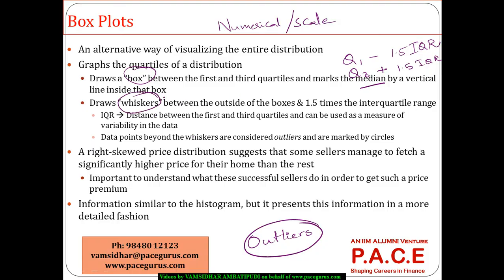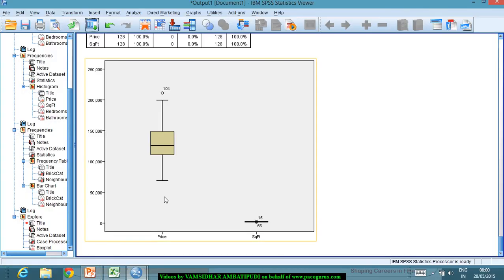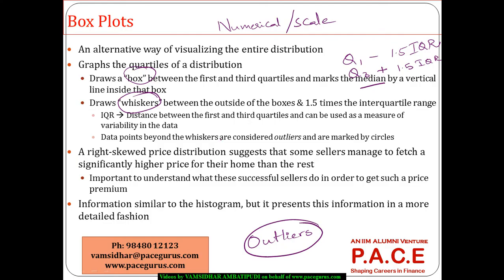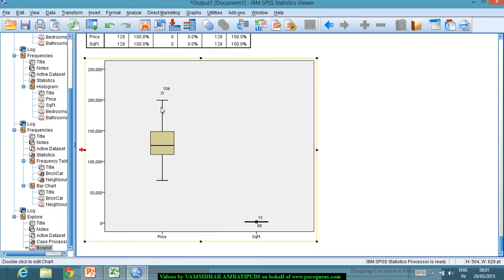And along with that, whiskers are drawn. These two are called whiskers, which show the lower bound and the upper bound, and which are typically drawn using 1.5 times the interquartile range, as I've shown in the Excel sheet.